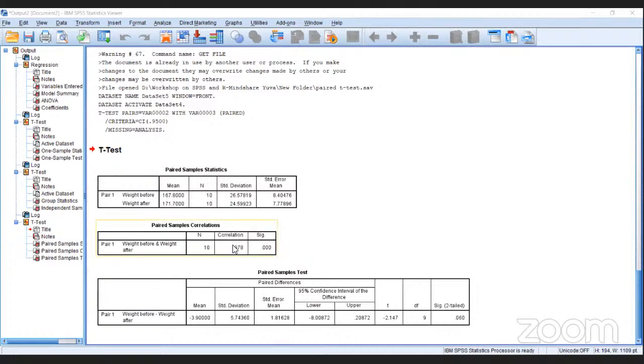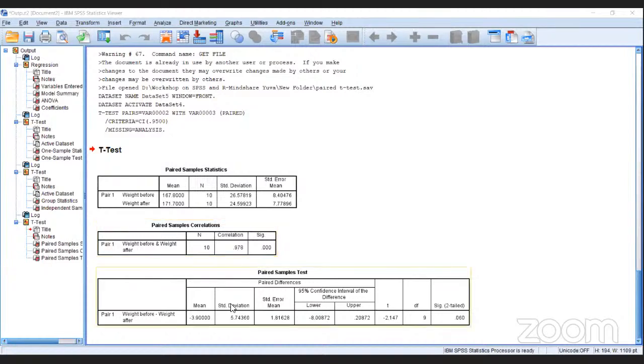What did we observe here, the correlation? What is 0.978? What does it mean? Very high positive correlation. Yes. Very high positive correlation between the weights before and after.